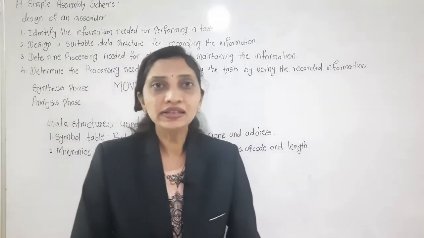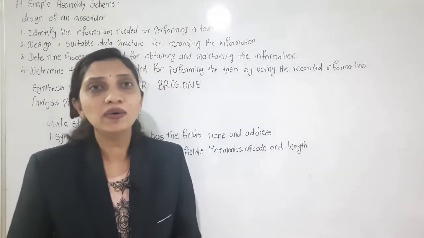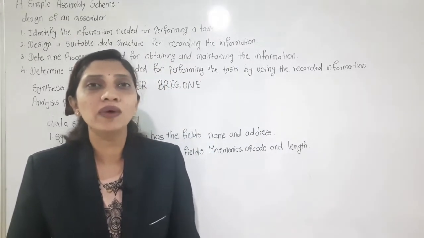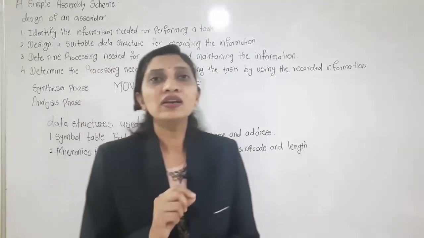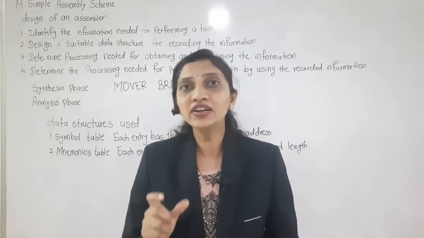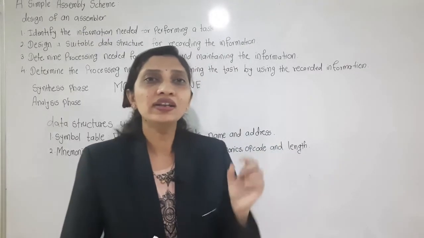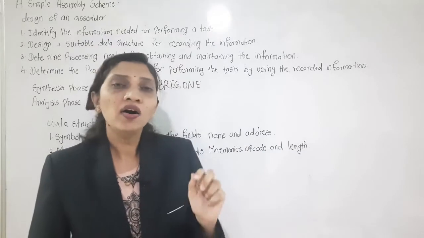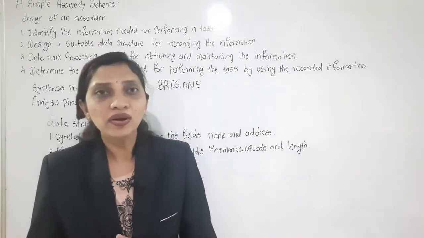Suppose in the last lecture we learned about one example of addition of two numbers. In that we are taking variables like n1 and n2. Now how do we generate the address of n1 and the address of n2?